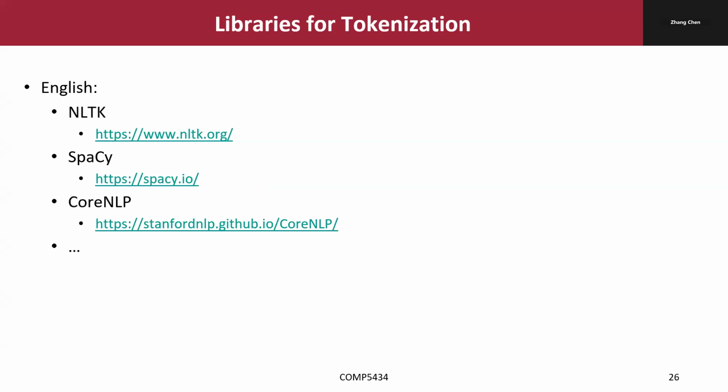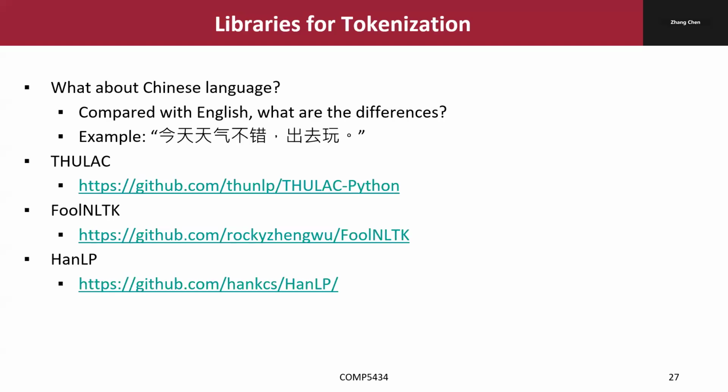You do not need to code it yourself in your project. After using those tools, you get clean and normalized tokens, right? And those libraries serve as essential tools for handling text data in almost all applications, right?